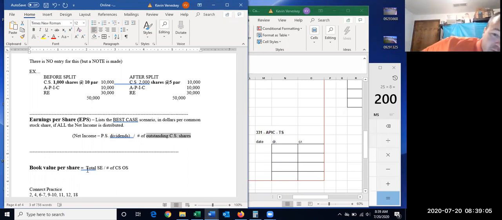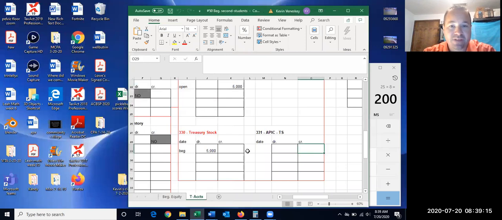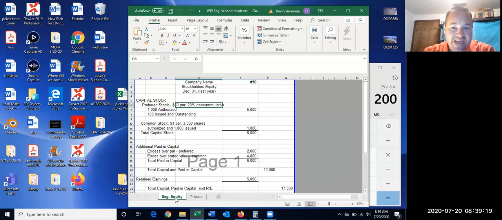Okay, to help make this clear, I'm going to do a little practice example now. If you haven't already, get out this number 50. The first tab simply shows what kind of stock we have and what the value is, and I have these in the T accounts.